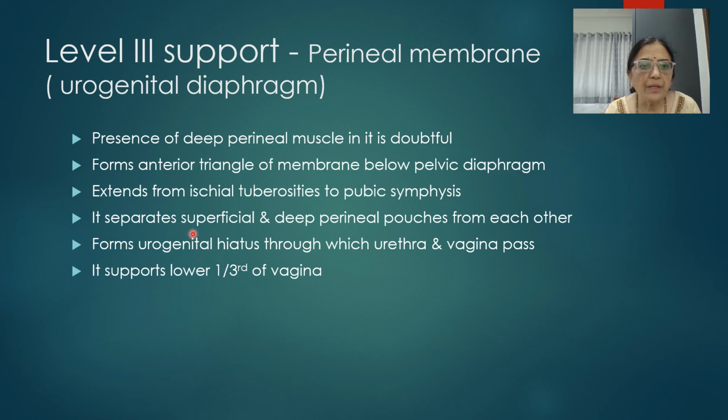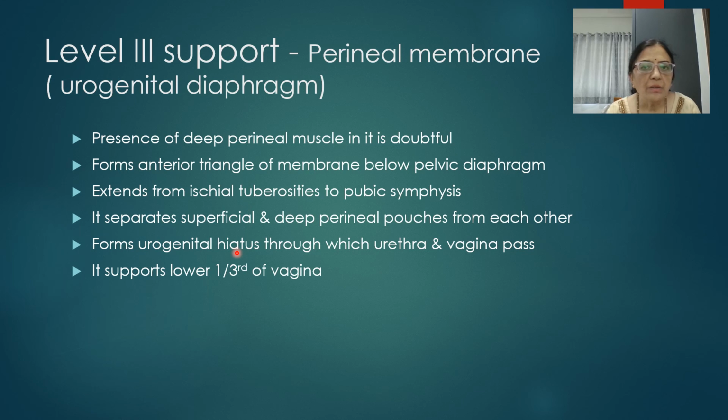This perineal membrane separates the superficial and deep perineal pouches. That means below the perineal membrane, if you look at the anatomy of the pelvic outlet, the superficial perineal pouch is on one side, and the deep perineal pouch is on the other side of this perineal membrane. That is how it separates these two pouches. It forms the urogenital hiatus. Now, the levator forms a levator hiatus through which three structures pass: urethra, vagina, and anorectal canal.